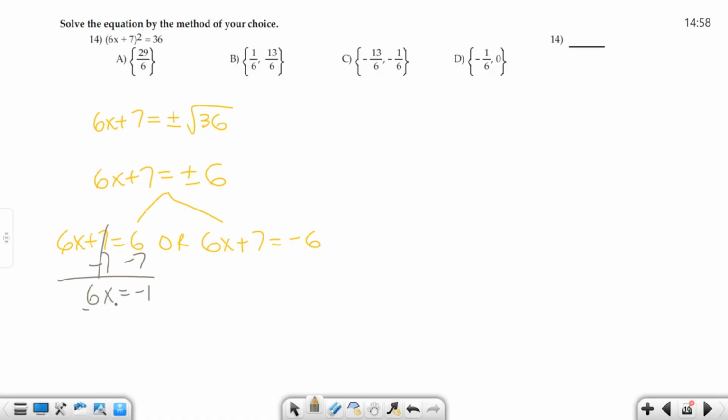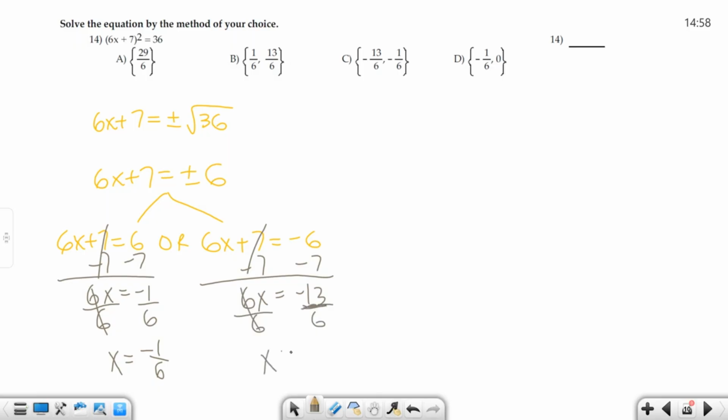We're going to divide by 6. We get x equals negative 1/6. And then over here we're going to subtract 7. We get 6x equals negative 13. We divide by 6, and we get x equals negative 13 over 6.